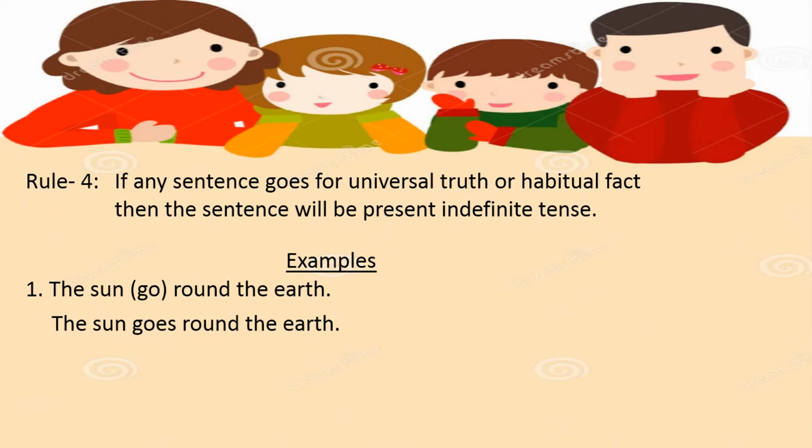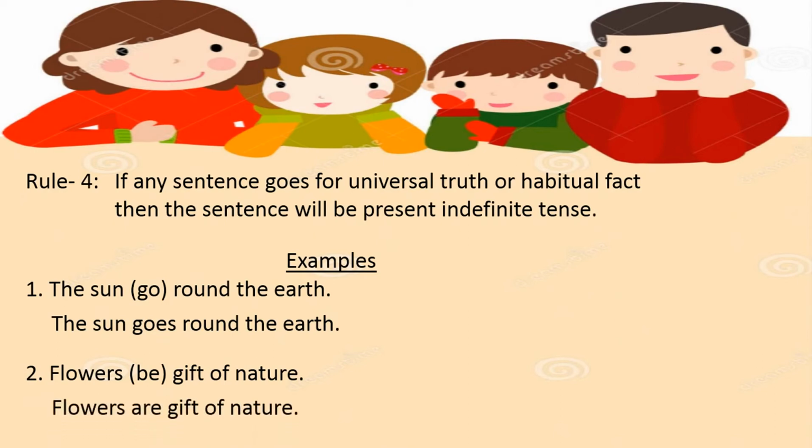In that case, the subject the sun is third person singular number, that is why we use goes. The sun goes round the earth. Number 2: flowers (be) gift of nature. It's also a universal truth. So the answer will be: flowers are gift of nature, because flowers indicates plural, so the verb will be plural.